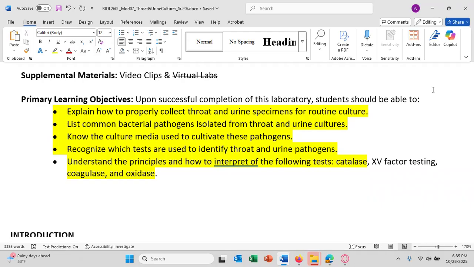So you do need to understand those and be able to explain them. We're going to talk briefly about the XV factor testing, I think it's XV, but you do not need to understand or explain them. Any questions about any of that?